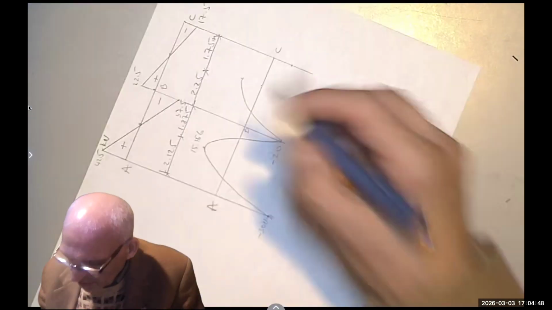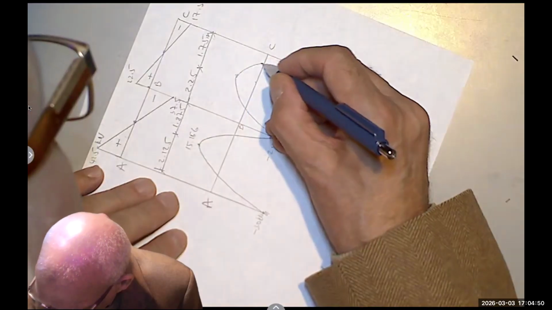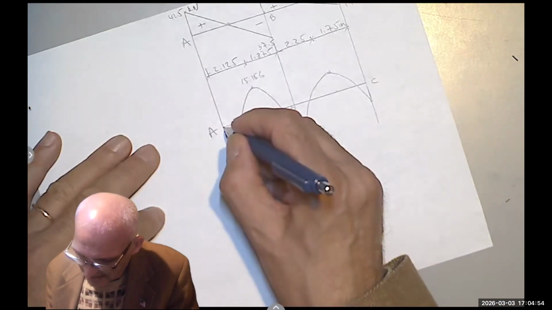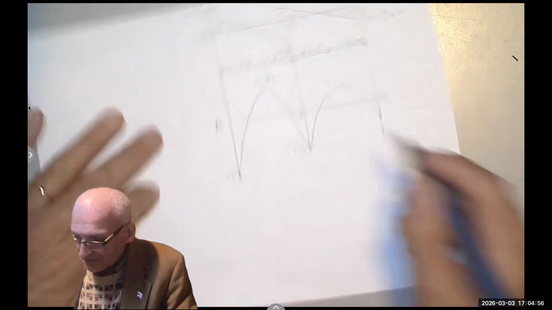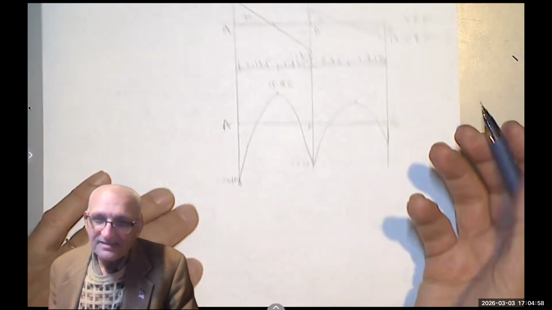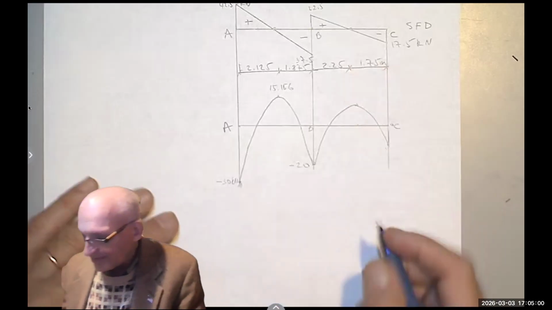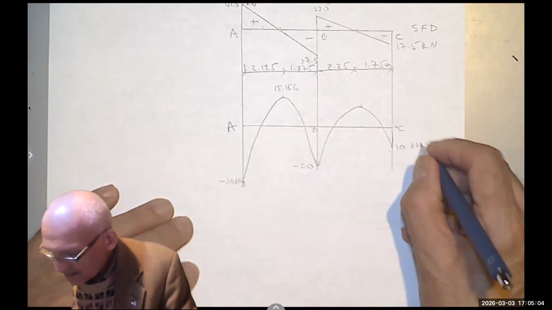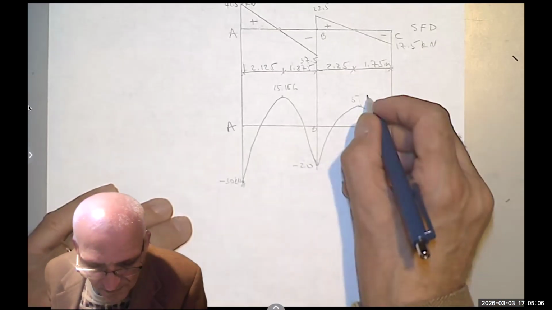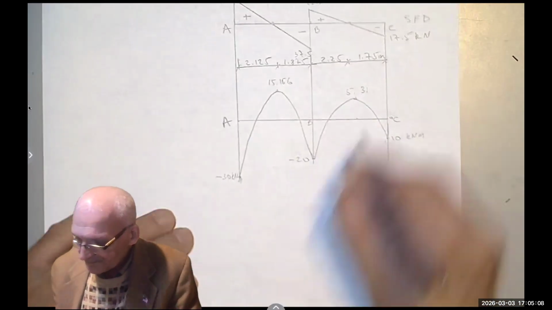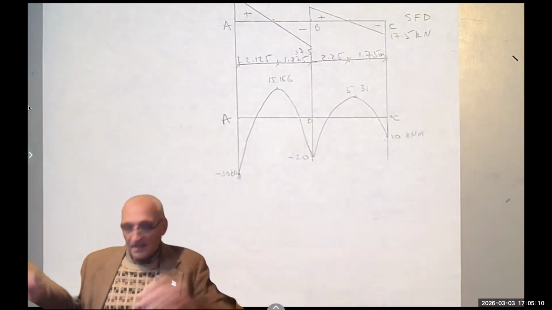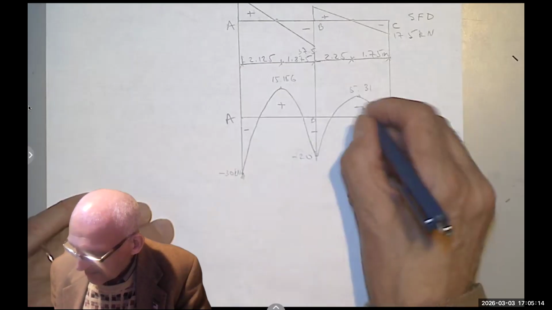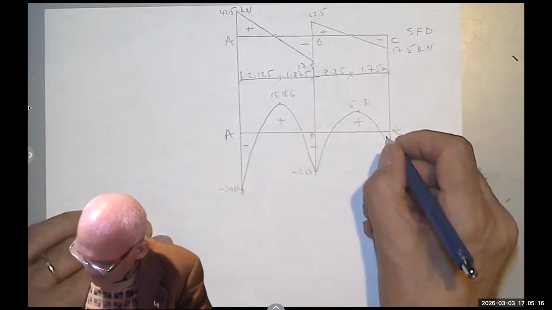So I go down to negative 10 and then up to 0. I started at 0 and ended at 0, when you add the external moment, which is 10. And this was 5.3125. And that's it. Negative moment here, positive moment here, negative moment here, positive moment here, and a small negative moment here.